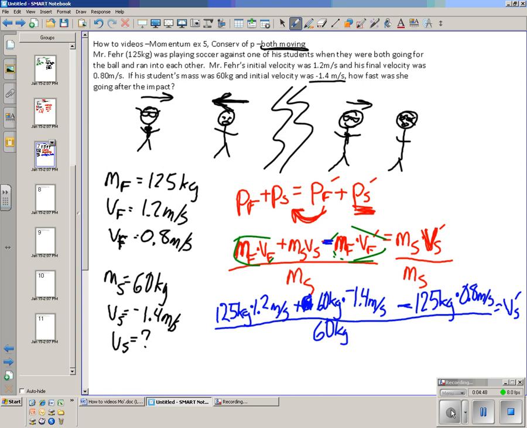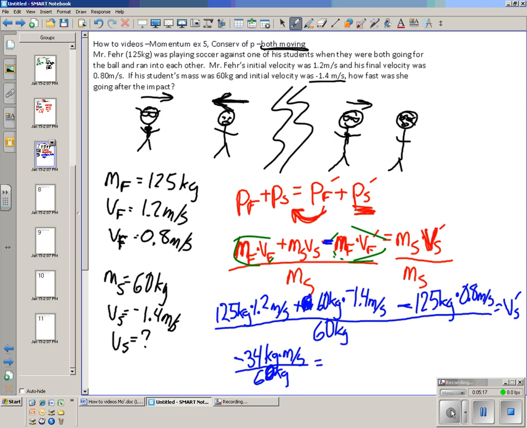So we combine this whole numerator, we get this giant numerator up here, we work it out to be negative 34. You say, whoa, that final velocity is crazy big. No, it's negative 34 kilograms times meters per second divided by the denominator, which is still there, 60 kilograms.